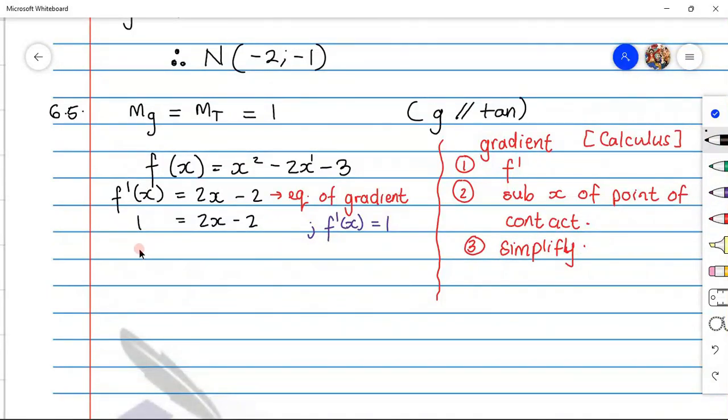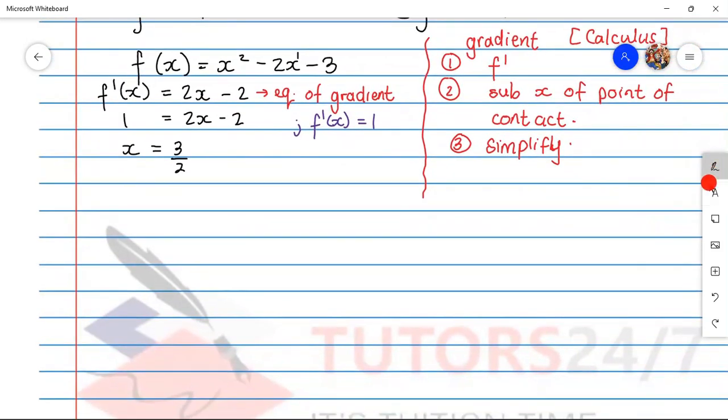So if we were to solve for x, we would then end up with 3 over 2. So this is our point of contact between our tangent and our function of f. This x value that we have found is the point of contact between our function f and our tangent.